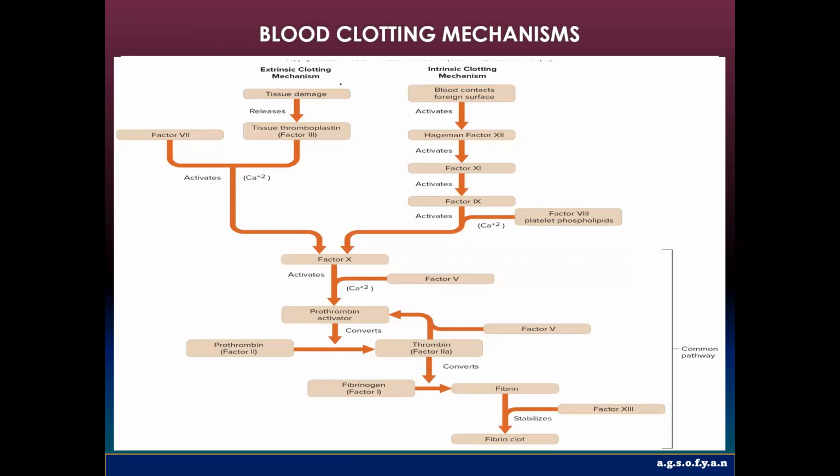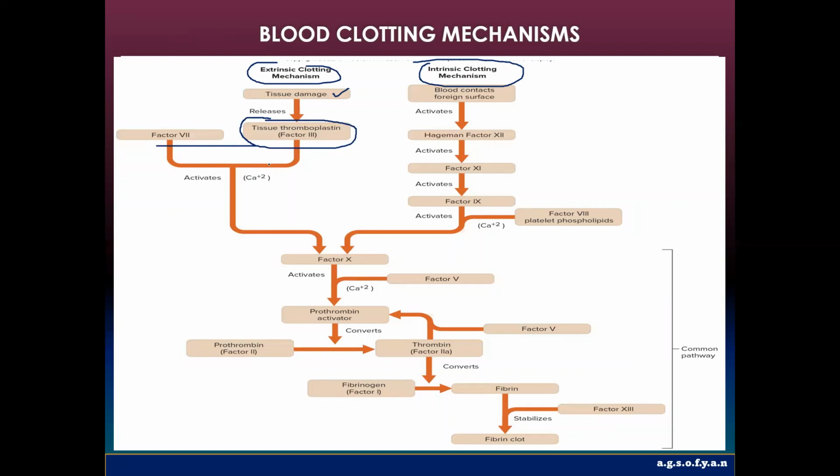This is showing us the mechanisms for the extrinsic and the intrinsic clotting mechanism. Again, the extrinsic starts with the tissue damage or blood vessel damage. When the blood is in contact with tissue outside the blood vessel, it will release factor number 3. This is the initiator for blood clotting.